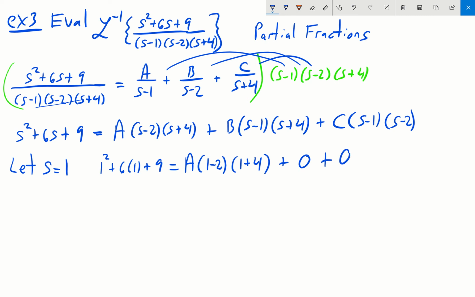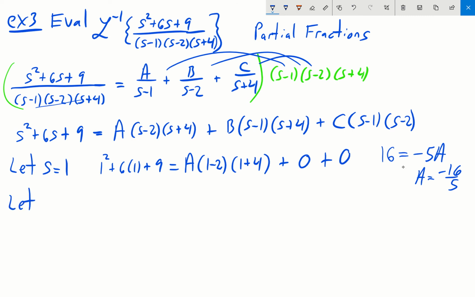So what we end up with is 1 plus 6 plus 9, which is 16, is equal to negative 1 times 5, which is negative 5A. So we get that A is equal to negative 16 fifths. We can now do the same thing to solve for B.